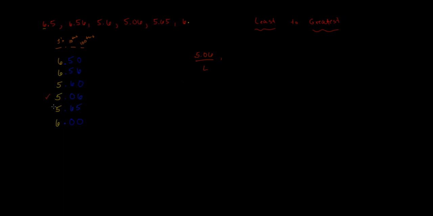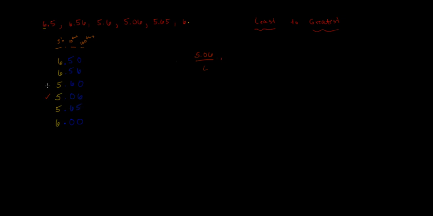So this one's done. And then after that, I have to look at my last two. I've got 5.60 or 5 and 6 tenths versus 5 and 65 hundredths, or really 60 hundredths and 65 hundredths. And again, 5.60 or 5 and 60 hundredths is smaller than 5 and 65 hundredths.